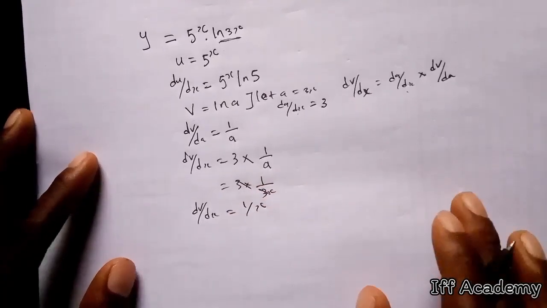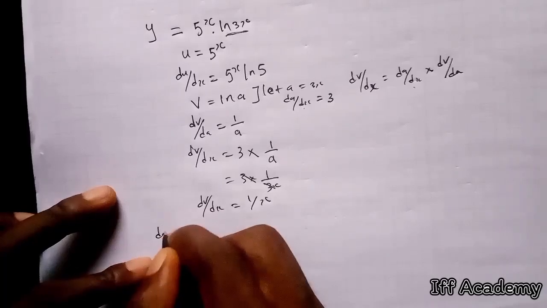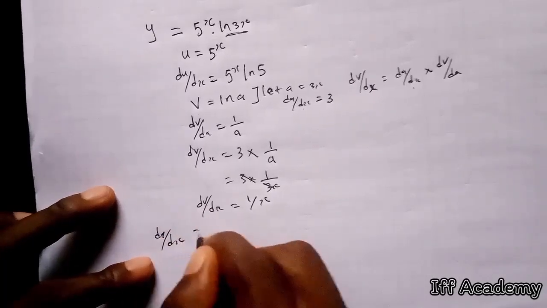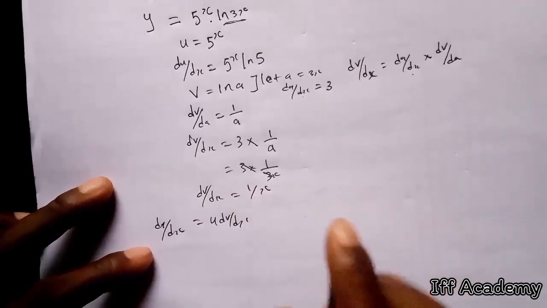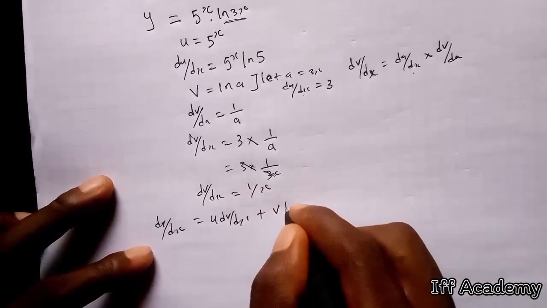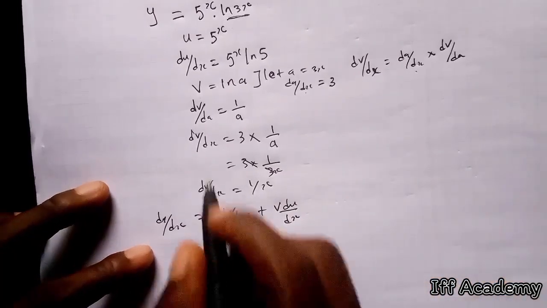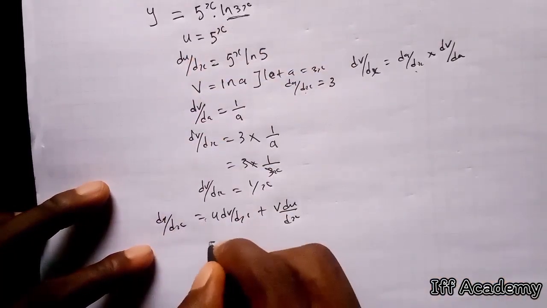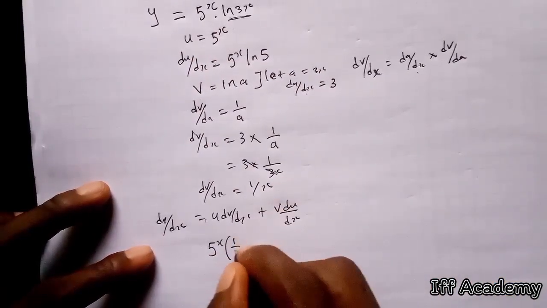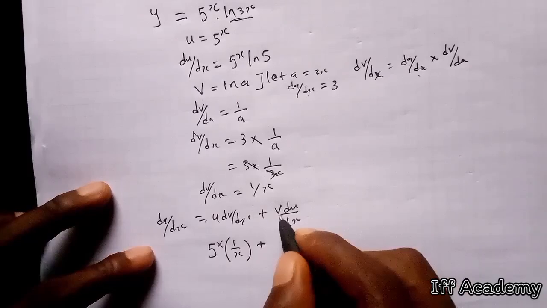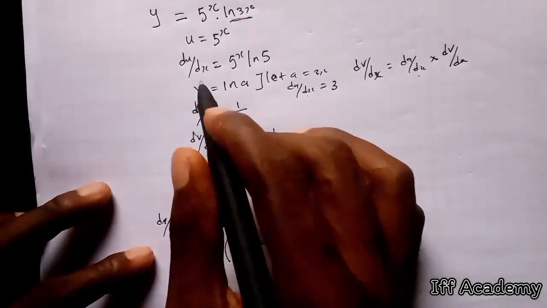1 over x. So we can now find the derivative from product rule, right? So from product rule, that will be u dv over dx plus v du over dx. What's our u? Our u is 5 raised power x. So 5 raised power x times dv over dx, which is 1 over x, plus v.